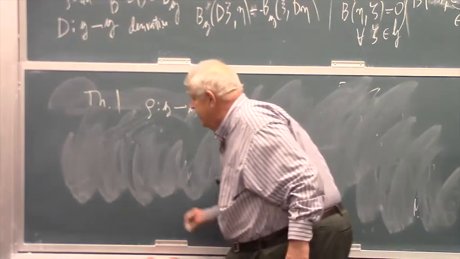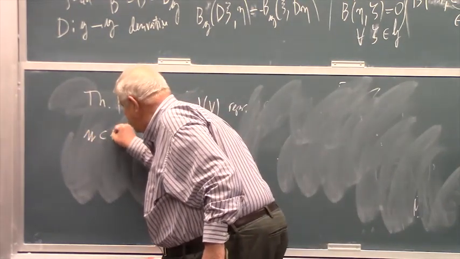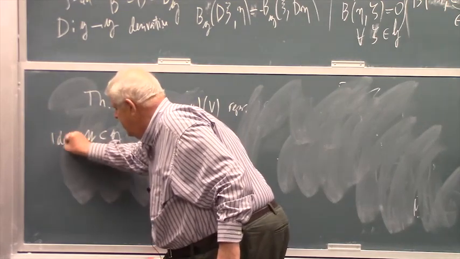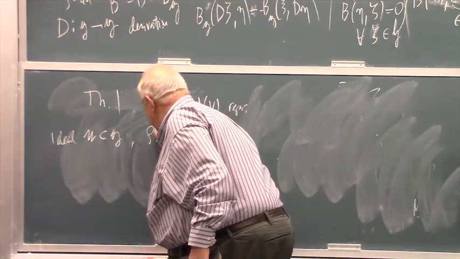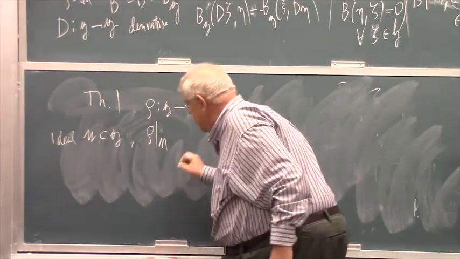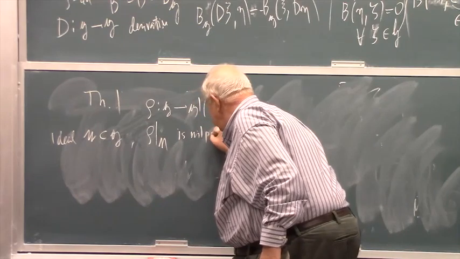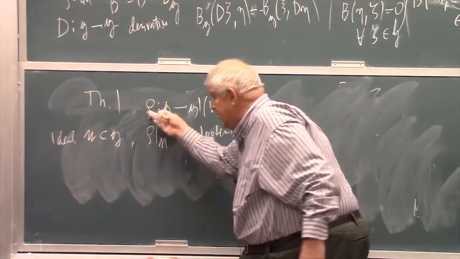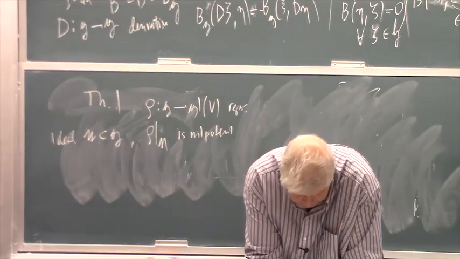And suppose that for some ideal n in G, the restriction of rho to n is nilpotent. That is, the operator produced by any element of n is a nilpotent operator in V.